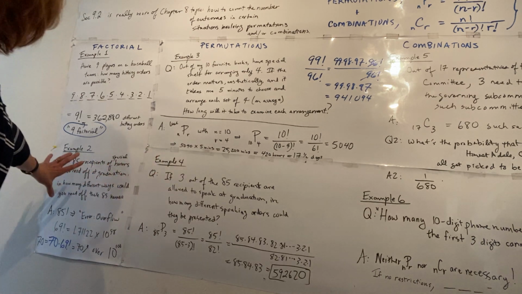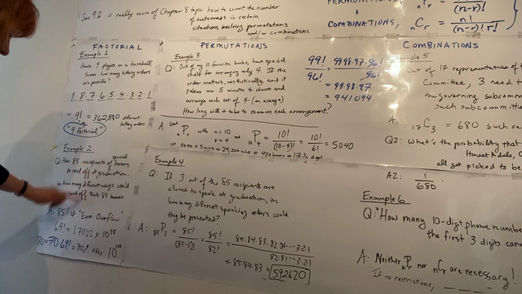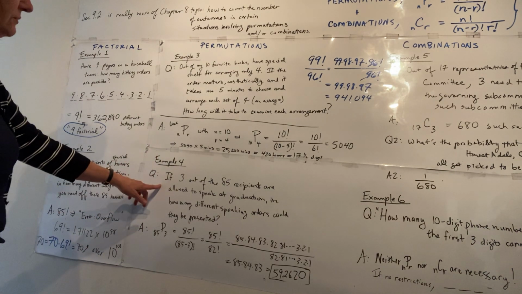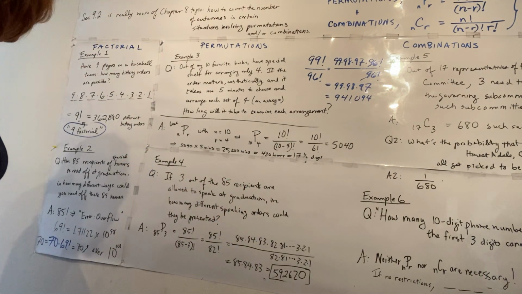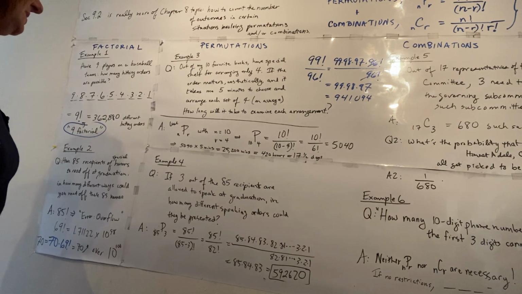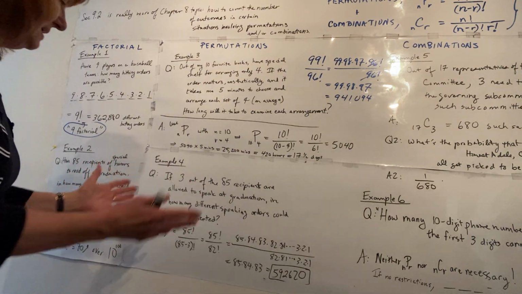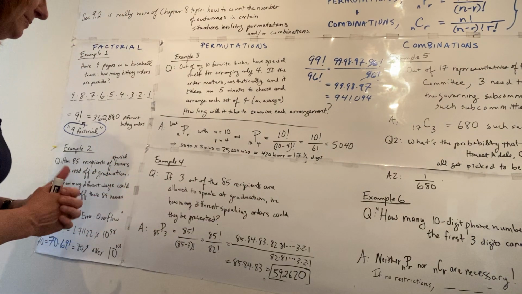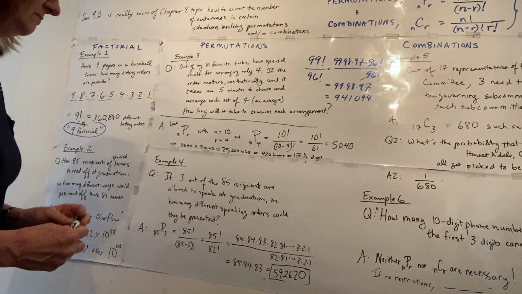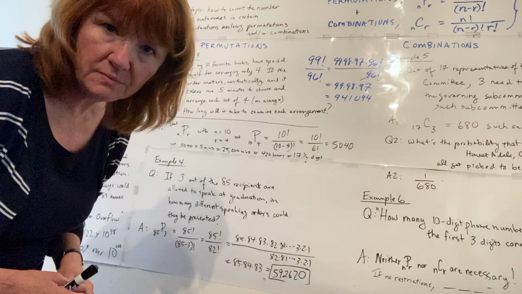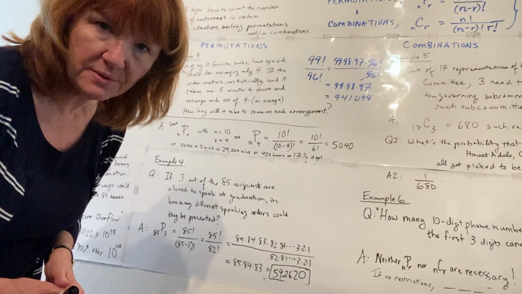All right, well, back to this example with the 85 recipients that caused trouble over here. What if, instead of having all 85 recipients listed out at graduation, they just said, let's take a sample of 3 and let them speak? Well, who gets to go first? Who gets second, third?